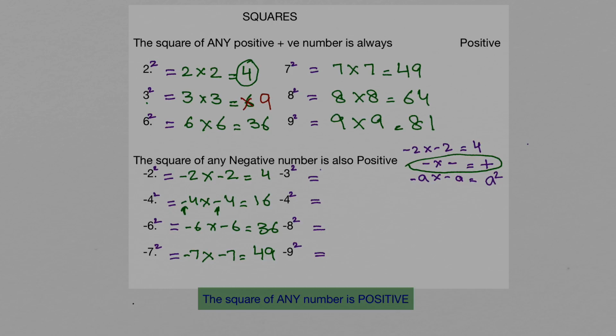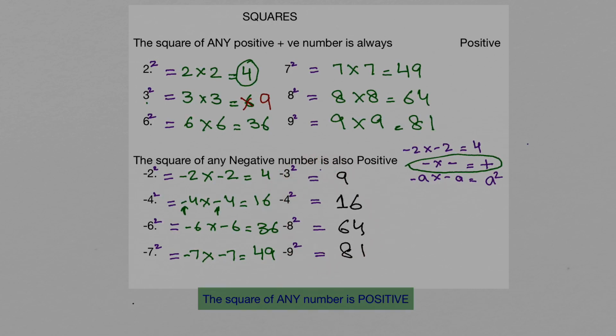I'm just going to write down the answer for some of them directly, please. So minus 3 squared would be 9, minus 4 squared would be 16, minus 8 squared would be 64, and minus 9 squared would be 81. So this is basically what would be expected from you in any of your in-class tests or exams.